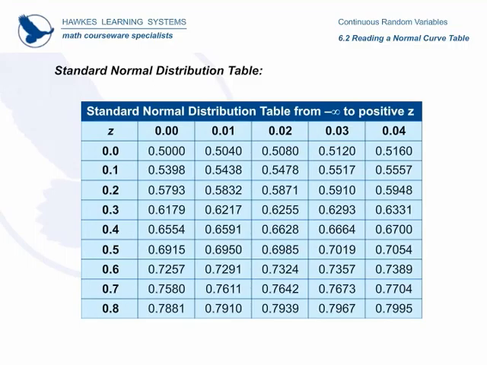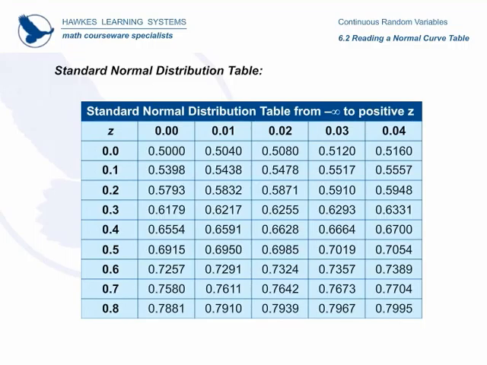Across the top of the table on our horizontal row, we see z-scores 0.00, 0.01, 0.02, 0.03, and 0.04. On our vertical column, for our z, we see 0.0, 0.1, 0.2, down to 0.8.